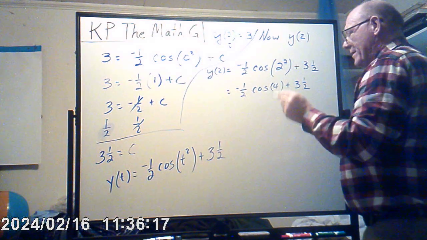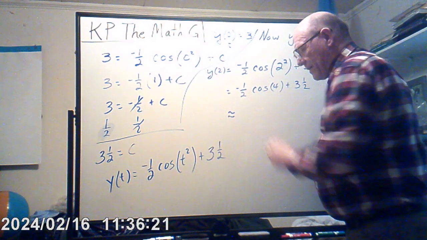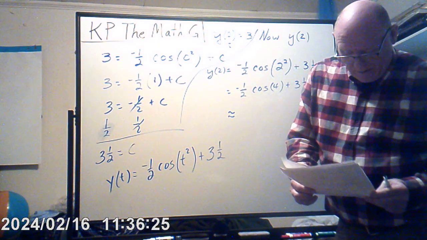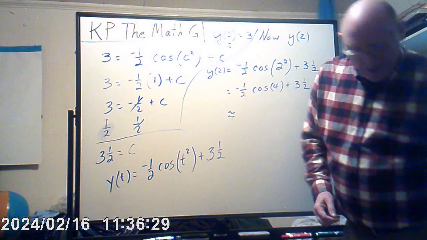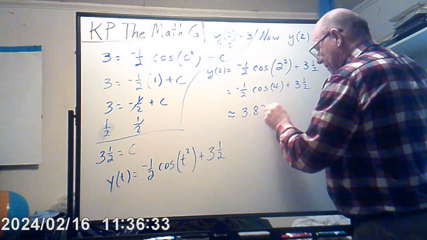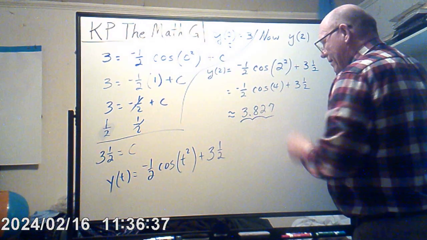This is equal to negative 1/2 cosine of 4 plus 3.5. If you punch this in on your calculator, you will get an approximation, 3.827.